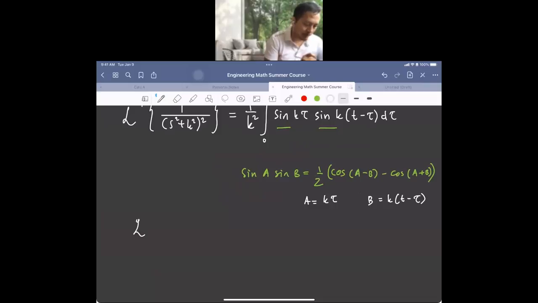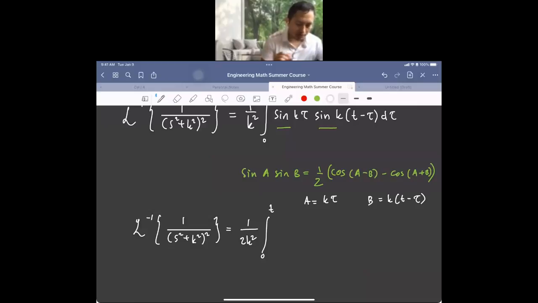So we can carry the Laplace inverse: one over, the half goes outside, so it is 2k squared. Now the inside becomes cosine(A minus B), so k tau minus k(t minus tau). Let me make it simple to see.